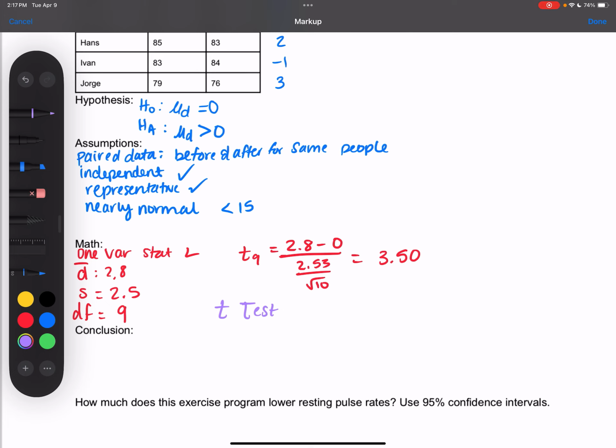All right, we're gonna run a t-test on here. Stat test, T-test. Mu sub 0 is gonna be 0. List is L3. Frequency is 1, and we're looking for the greater than.